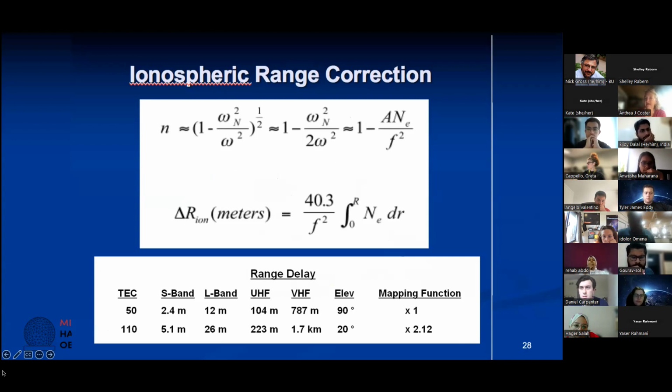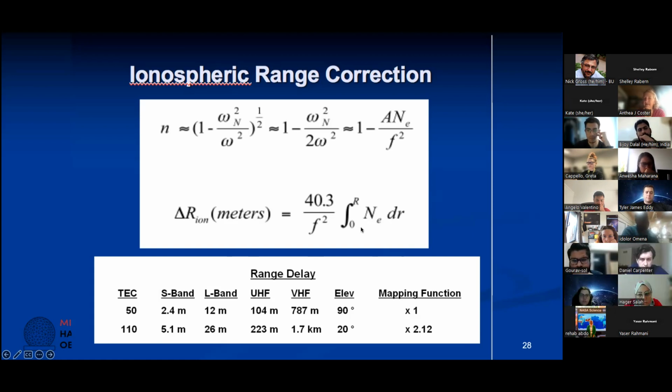If you have the range correction at L1 and the range correction at L2, you just subtract them, and then you use these constants and you can back out what the TEC is.